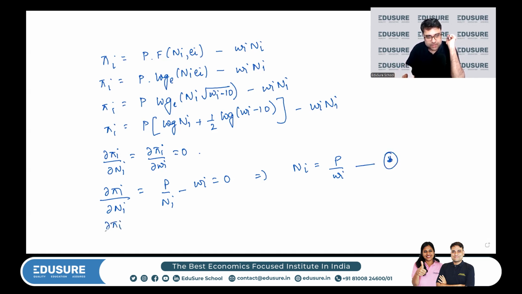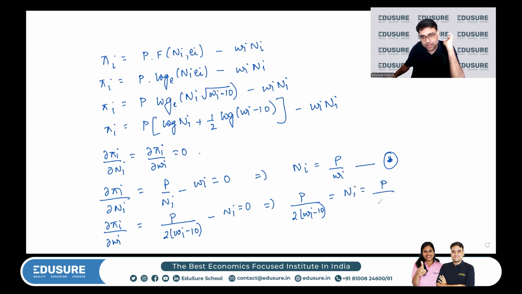Now del pi i del Wi will be giving me P by 2 into Wi minus 10, log Wi minus 10, the derivative is 1 by Wi minus 10, minus Ni is equal to 0. So P by 2 into Wi minus 10 is equal to Ni. Ni is nothing but P by Wi from equation star.